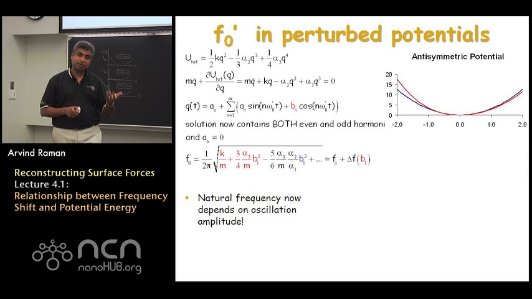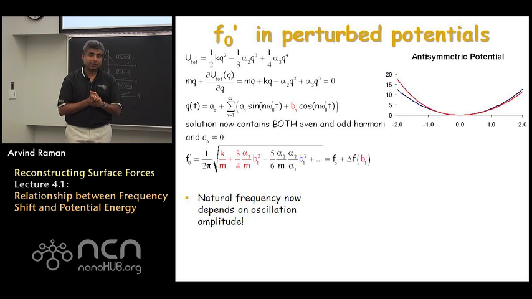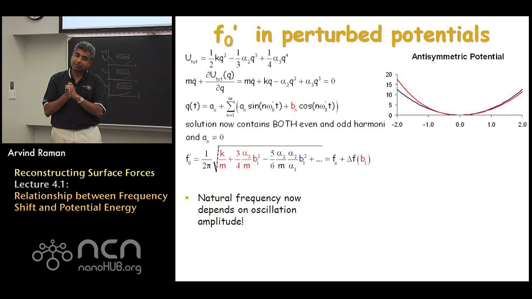Now, if we choose another perturbation and add a cubic term in the potential energy function, what it tends to do is perturb this potential energy landscape asymmetrically. If you look at the details in this slide and in the appendix, you will notice that the effect of this asymmetric perturbation is also to change the natural frequency of the probe.